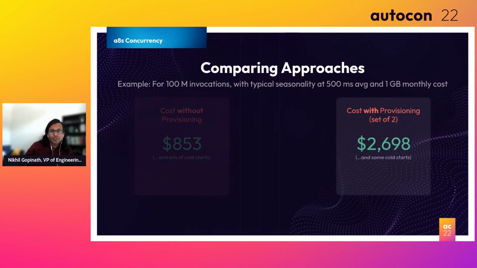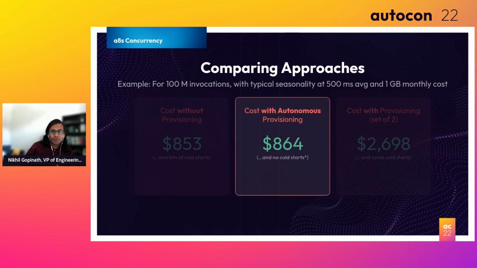Now, if you set provision concurrency to 2, you will definitely eliminate a lot of cold starts, but you still have quite a bit. At 100 million invocations, you are definitely going to see a lot more containers spin up than just the 2 set by provision concurrency, and all of them will experience cold start, and the cost for that would be of the order of a couple thousand dollars.